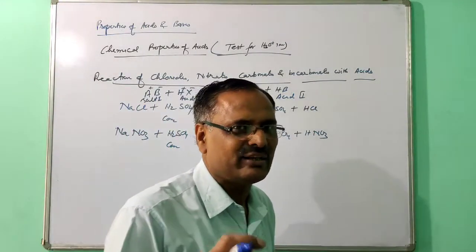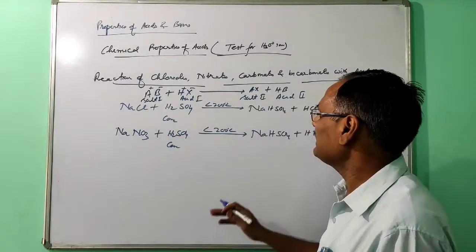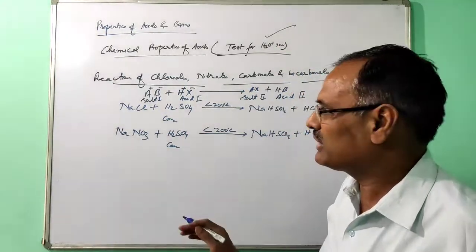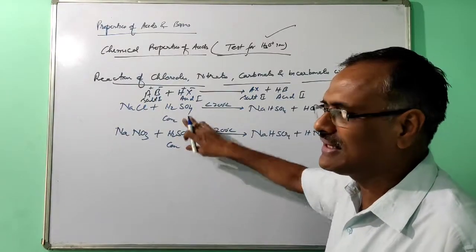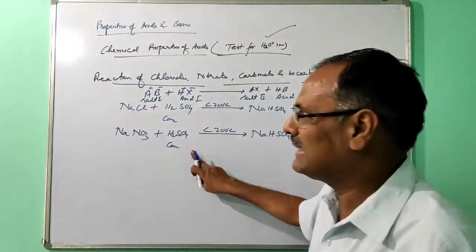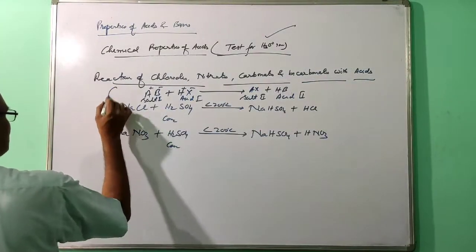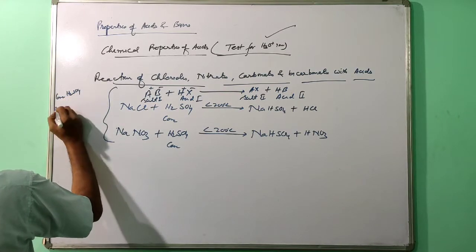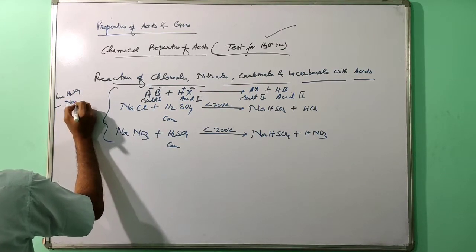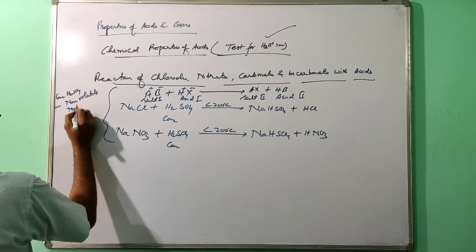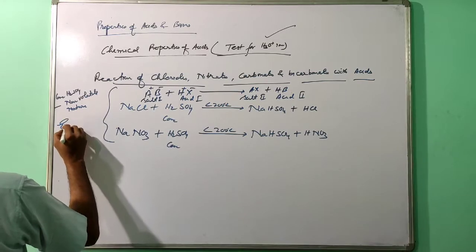You will answer non-volatile nature. But what heading is given in your book? Test for hydronium ion. Here we are not using the acidic nature of the sulfuric acid. Since we are using the non-volatile nature, these two equations will be excluded.